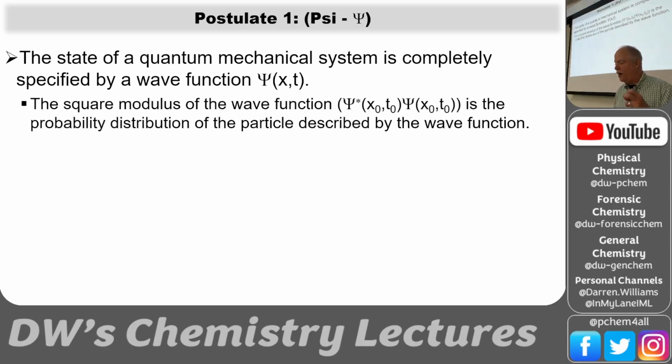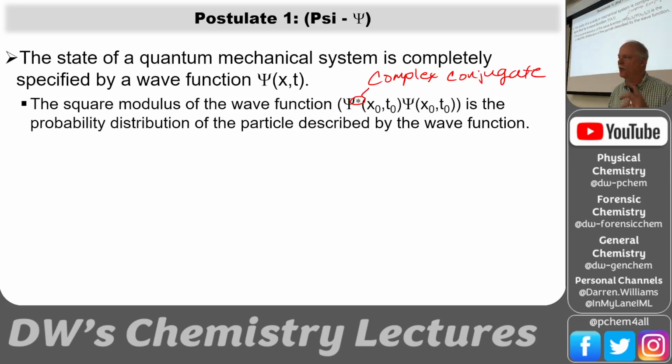And then the square of that wave function, and it's the square modulus, because some of these wave functions are complex. This little star, in Excel, means multiply, but in quantum mechanics, it means complex conjugate. You can learn more about that if you read the chapter I've assigned in reading.